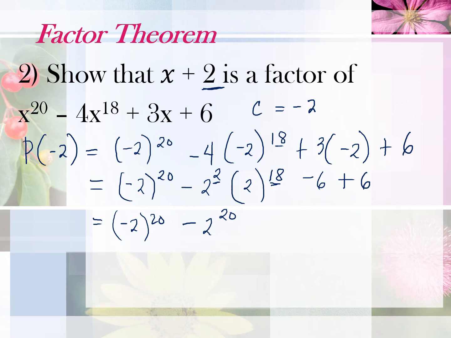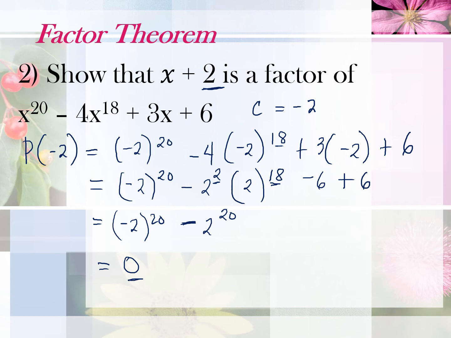And then, pansinin mo, kapag sinimplify mo rin yung negative 2 raised to 20, that is the same pa rin yung answer. Positive pa rin yung magiging answer. So, since para sila na exponent, tapos magma-minus tayo, automatically, ang magiging answer natin is 0.